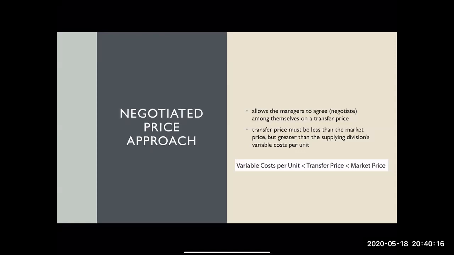So I'm going to give you a discount, but it's not going to cut into the cost of making that item. It has to be below what you're selling it to the outsiders, but higher than what I make it for, so you're selling it at cost or a little bit above. Let's look at this at play.